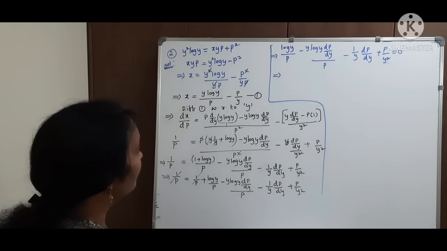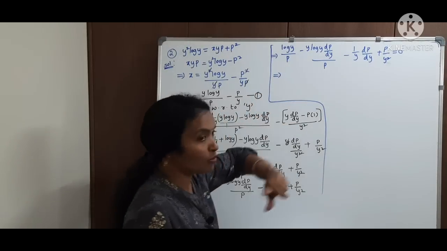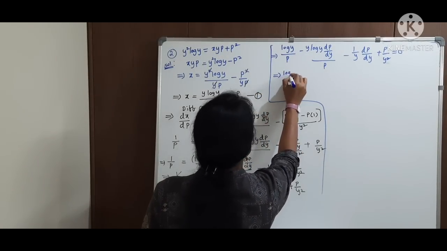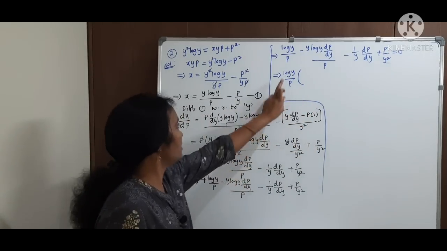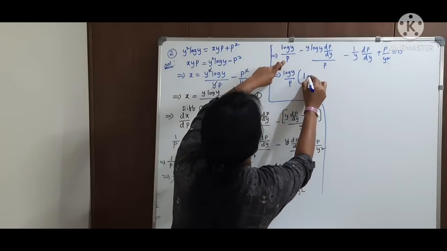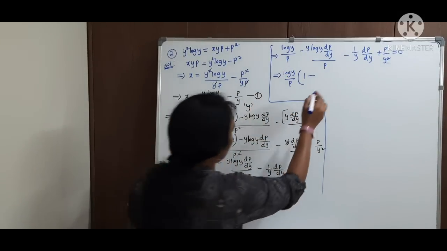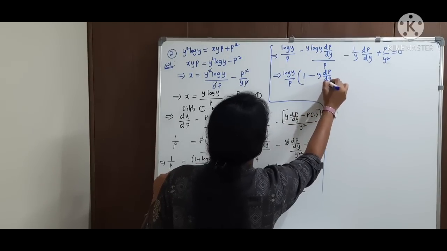Okay, fine. From these two terms, what is the common term? Log y by p. Suppose if you take log y by p, this will become 1. Log y by p is already common. Then what is the remaining term? Y into dp by dy.